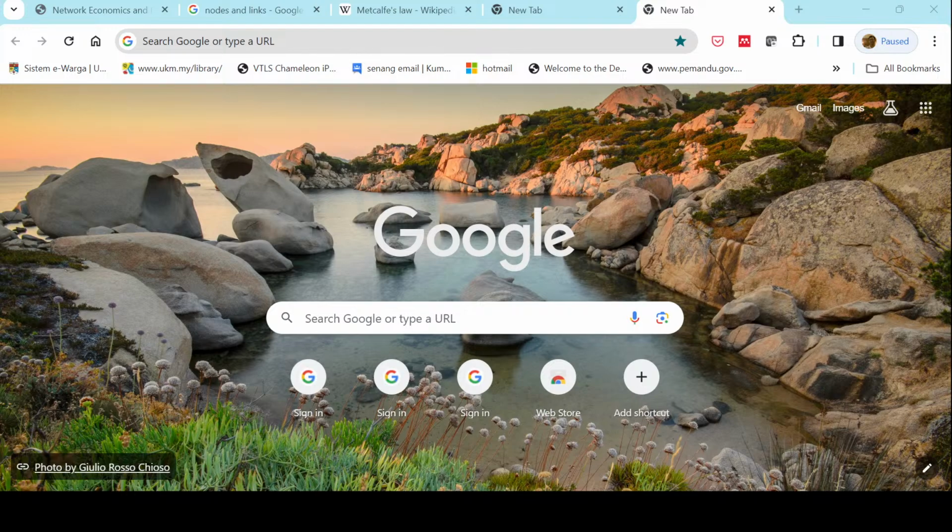See, the same pattern. I want to show you this one, the one that is underlined, the same pattern.